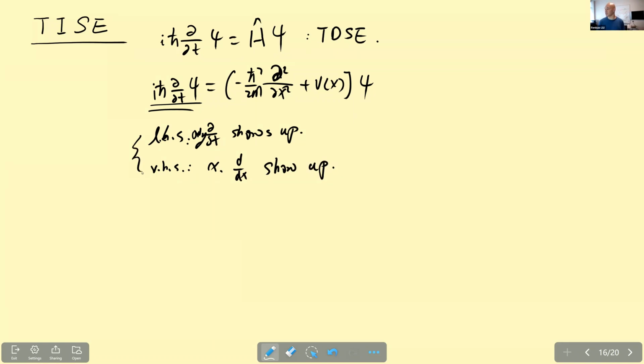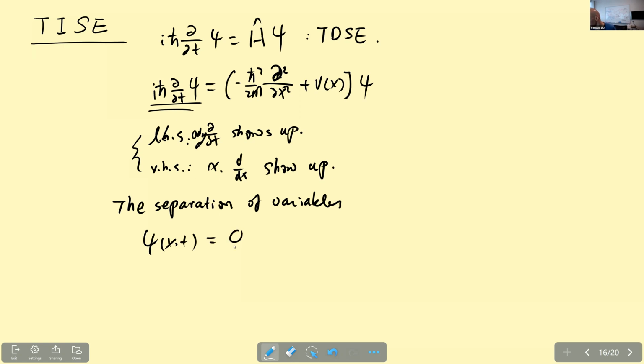With this kind of property, we can have the separation of variables. That means we can write psi(x,t) as factorized: phi(x) times f(t). So you put this into the equation.